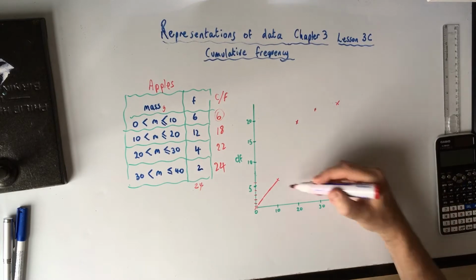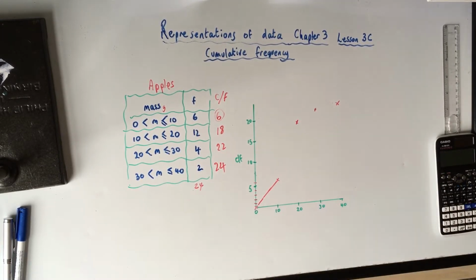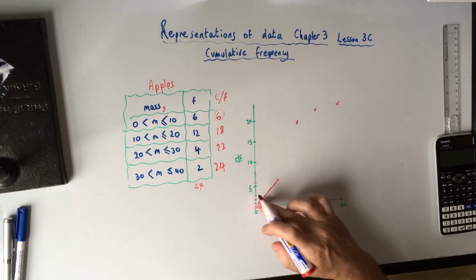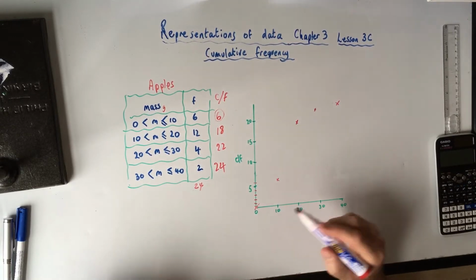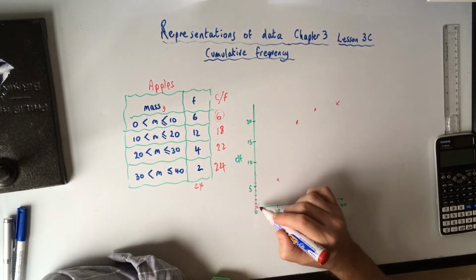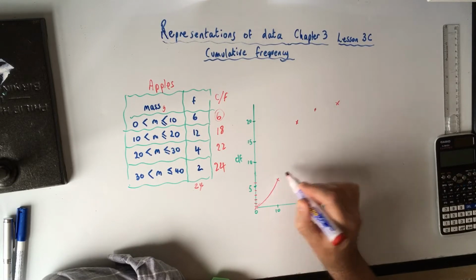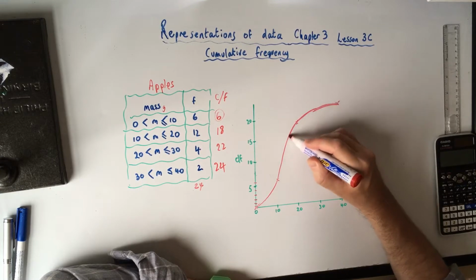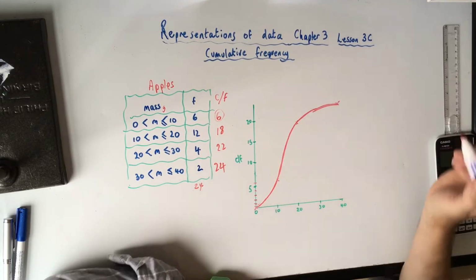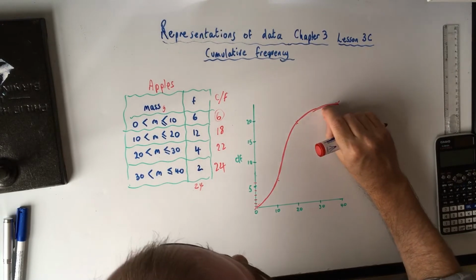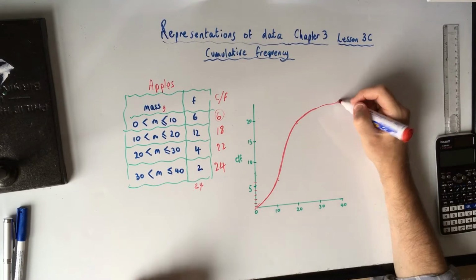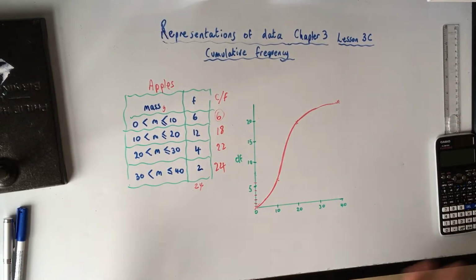Okay, so if I join these up with straight lines, I've got what we would call a cumulative frequency polygon, because a polygon has straight lines, and I think that is the best way of doing it, but actually the convention is not that. The convention is to get a nice smooth curve. Okay, and statisticians think that gives you a better representation of how the data in your estimate would be spread out. Okay, well, fair enough.